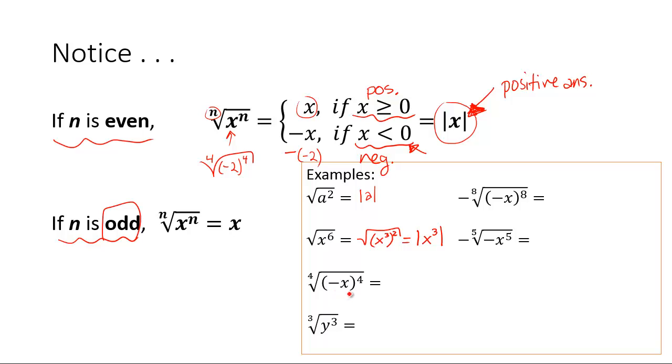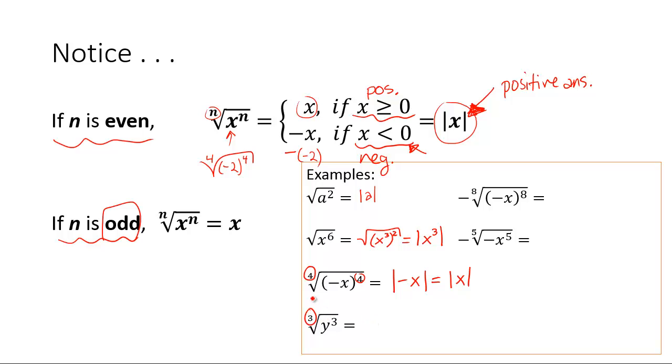So similarly here, we have negative x to the power of 4. Because it's an even, we need the absolute value of its answer, but taking the absolute value of negative x is the same as saying absolute value of whatever x is. And same here.